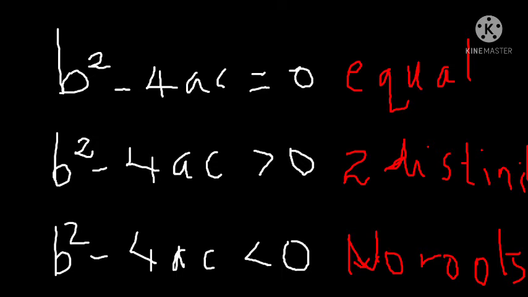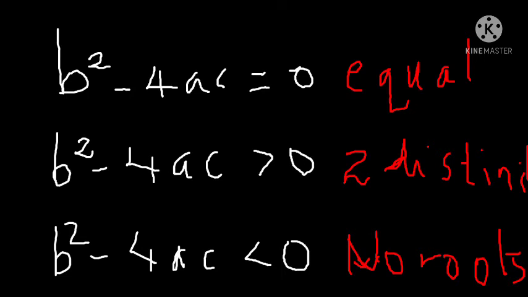So students, you must study well all these three results. When the discriminant is equal to 0, the roots are equal. When the discriminant is greater than 0, the roots are real and distinct. And when the discriminant is less than 0, there are no roots.